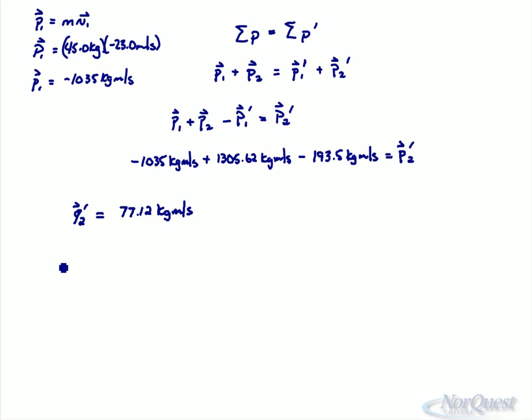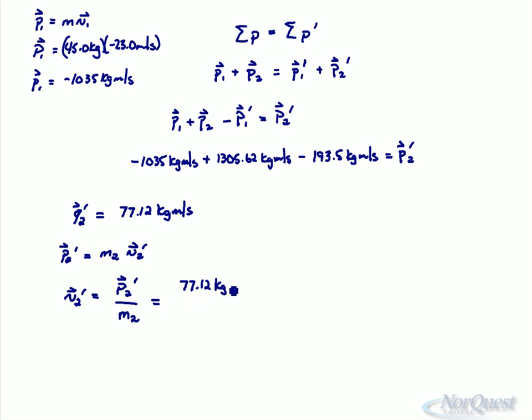I also know that the momentum of object 2 after will equal the mass of object 2 times the velocity of object 2 after. So I can solve this for velocity. Velocity of object 2 after is going to equal the momentum of object 2 after divided by the mass of object 2.